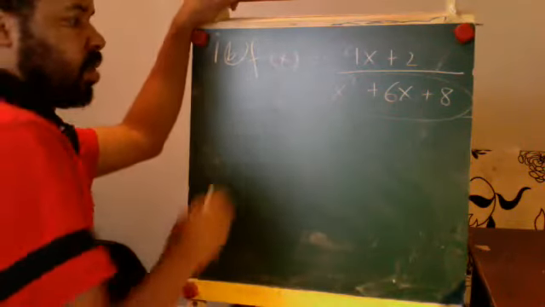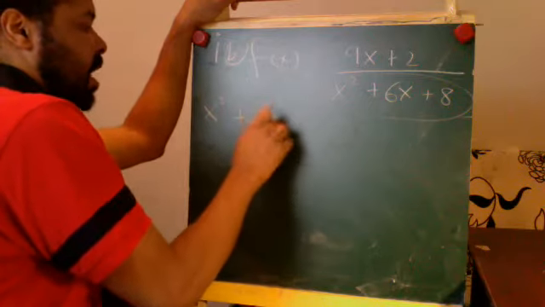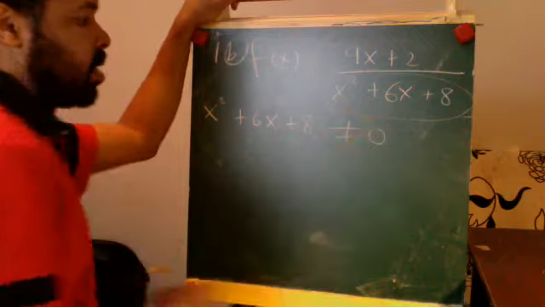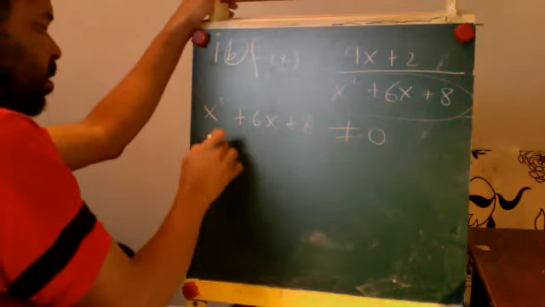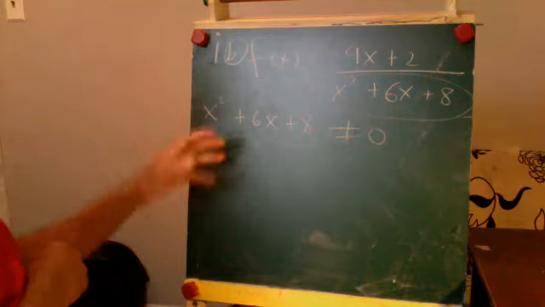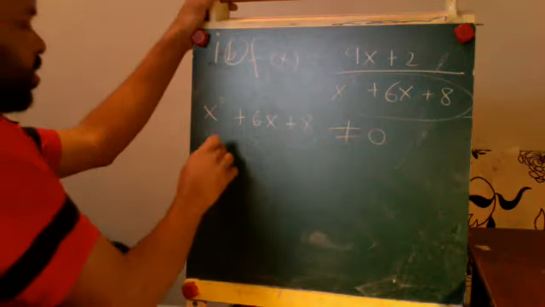So what am I going to do? I'm going to set x squared plus 6x plus 8 not equal to 0. What I need to find out is what numbers would make this equal to 0, so I need to factor first.